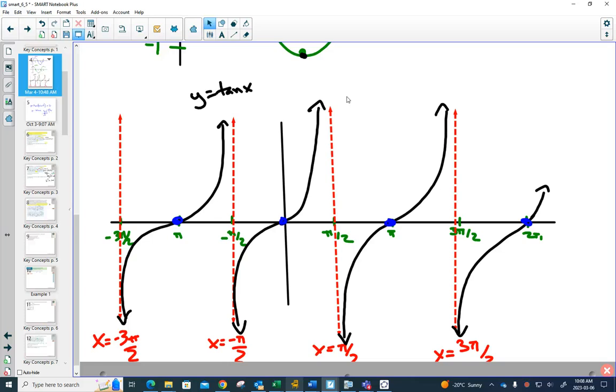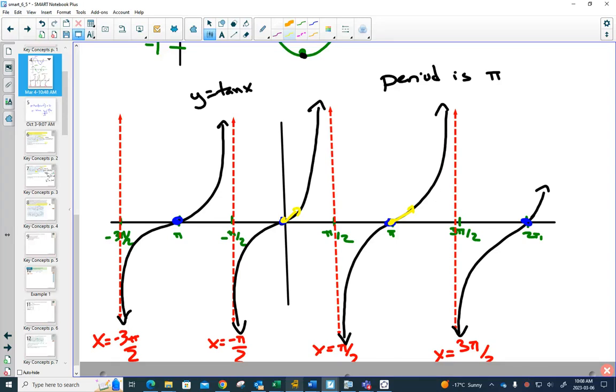So to figure out the period of tan, you could look: at 0, it's in the middle going up. When does that happen again? At pi. So the period is not 2 pi for tan. The period of tan is pi.